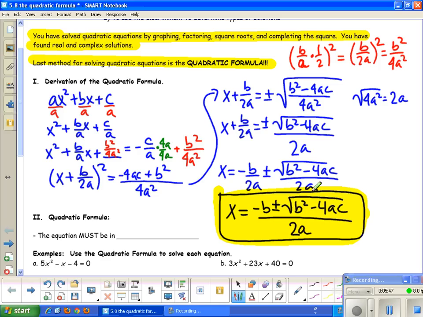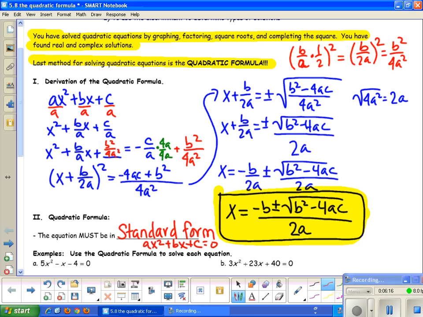Now, whenever you're doing the quadratic formula, you must be in standard form. And remember, standard form is ax squared plus bx plus c. If your equation is not in standard form, that means set equal to 0, you're going to want to put it in standard form first, and then you can use the quadratic formula.